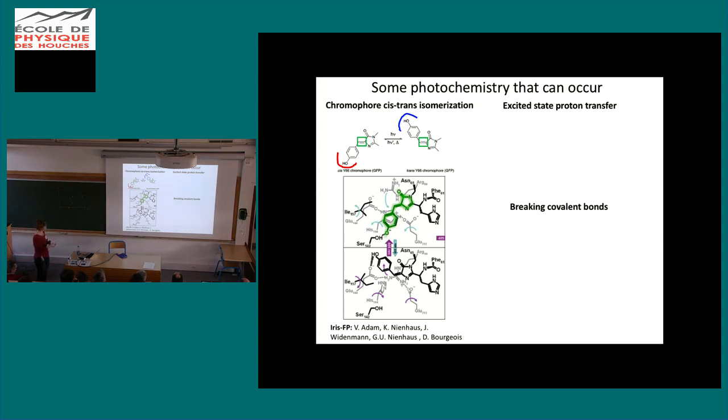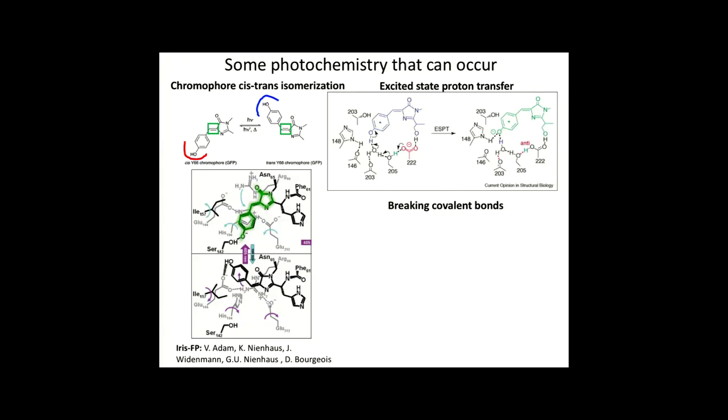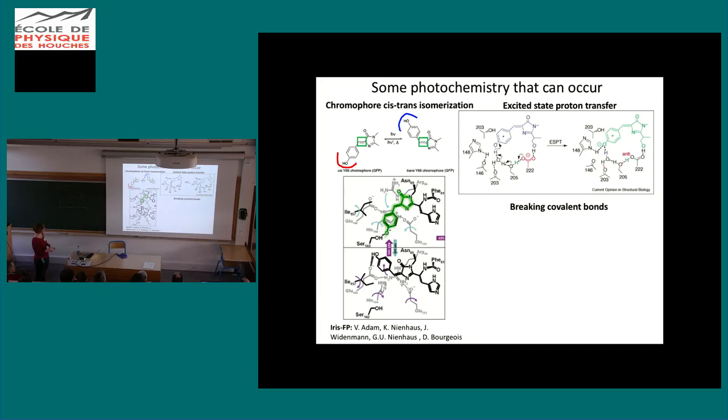Okay, so in addition, we have seen examples of excited state proton transfer. As Peter very nicely showed in his talk, in the GFP chromophore environment, there is this beautiful proton relay. So you can see many hydrogen bond donors and acceptors.